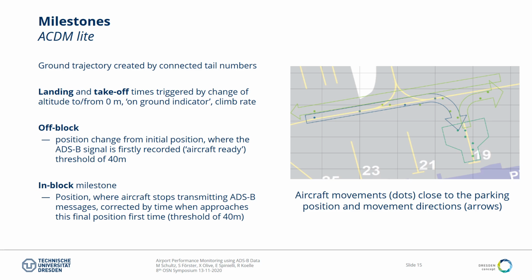In-block and off-block are a little bit more complicated, but finally, as you can see on the right side, around each position, you will see that the positional data are somehow jumping, but you can detect if these are going out of this or coming into this, and then you can assume that the aircraft is now in the pushback phase, and then you can say, okay, the aircraft already has an off-block given or reaches the in-block.